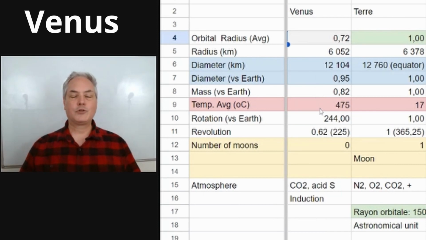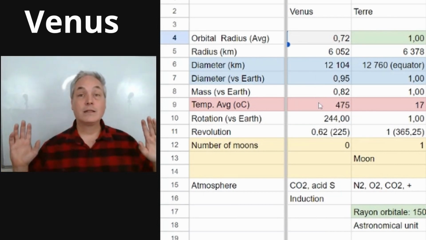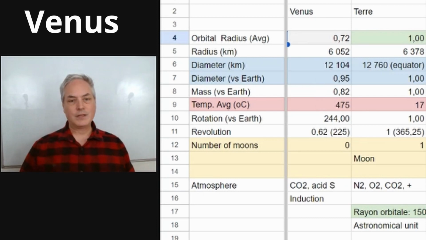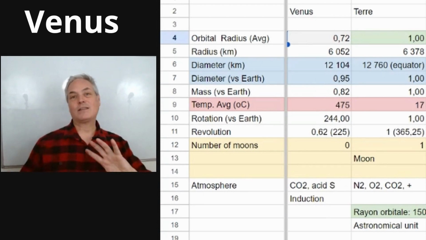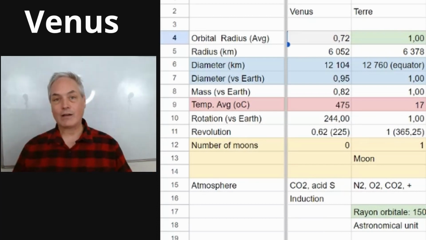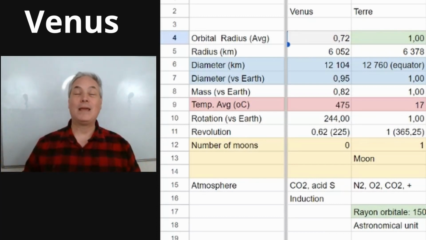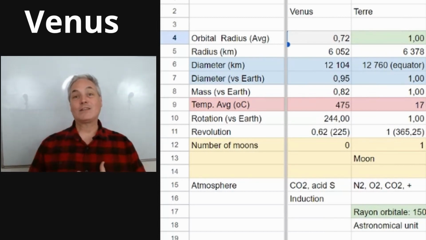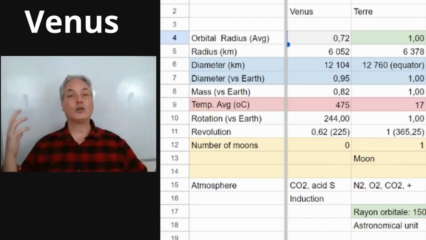With respect to the temperature, it is the warmest planet in our solar system. And the reason for that is, yes, when it's facing the sun, it's warmer, and the other side is cooler. However, there's an atmosphere there made with plenty of carbon dioxide. You also have sulfur in the atmosphere, creating sulfuric acid all the time.